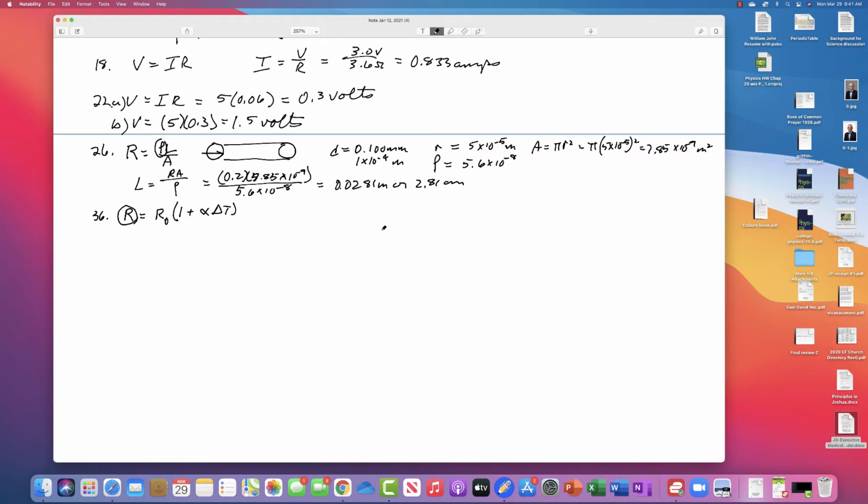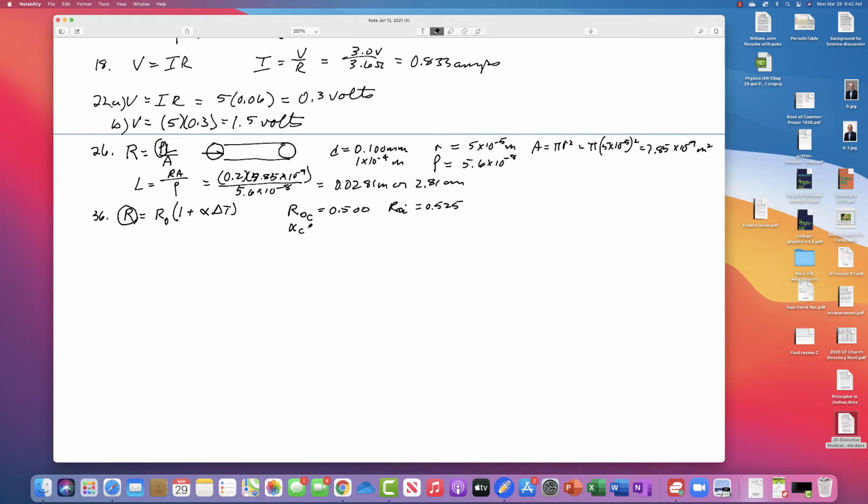So what you have to do is say, okay, R0 for copper is 0.500 and R0 for iron is 0.525, both at 20 degrees, and it wants to know what temperature makes those two equal.